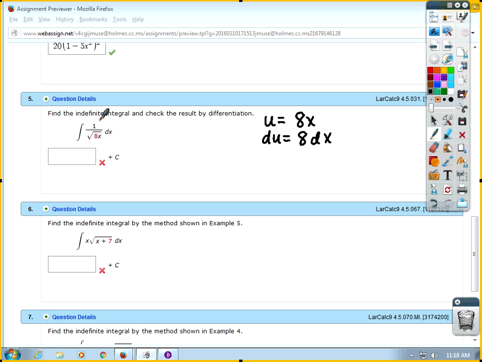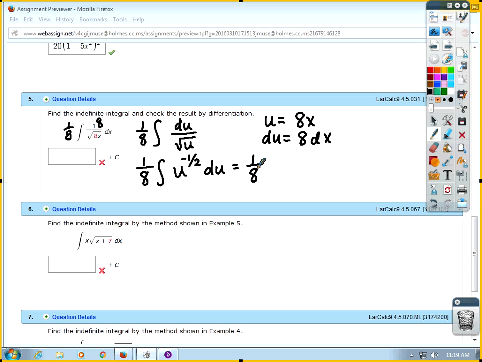If I put an 8 in the numerator, then I need to compensate with a 1/8. So rewriting this integral, we have 1/8 times the integral of du over the square root of u. And of course we want to change that square root of u to u to the negative 1/2, so we can integrate using our power rule.